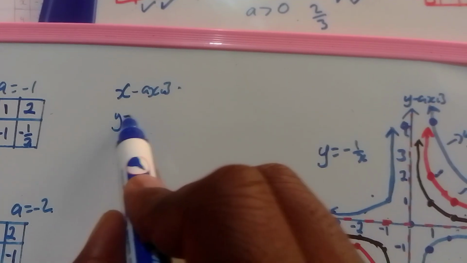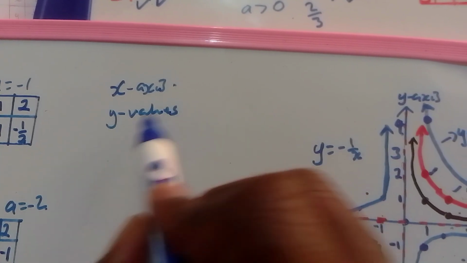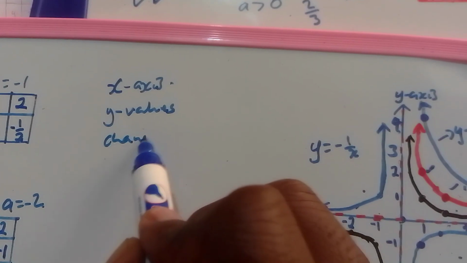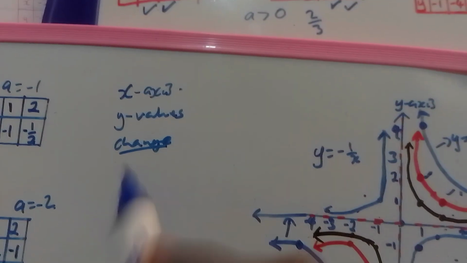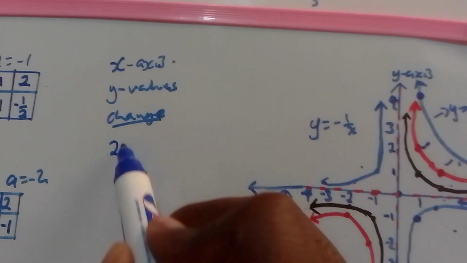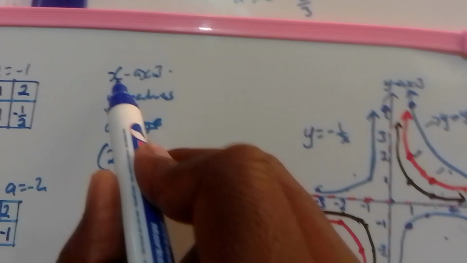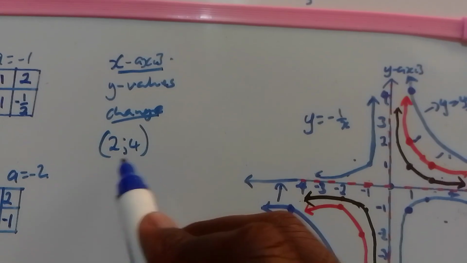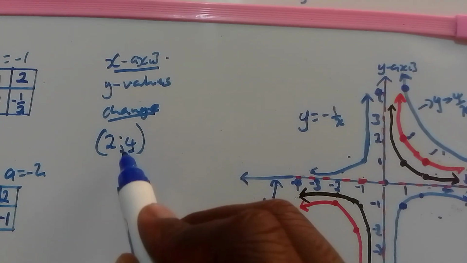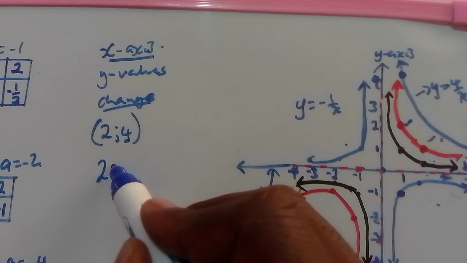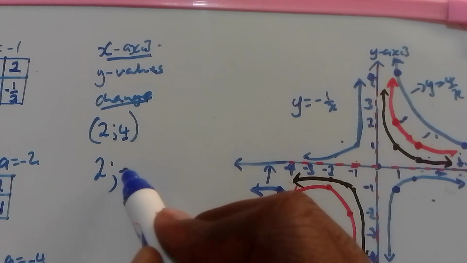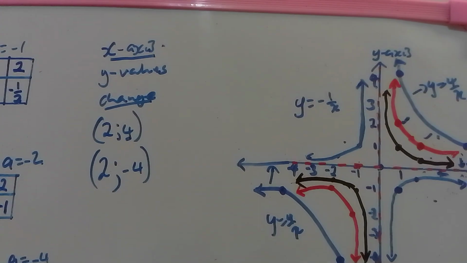Your y values change. So if I was given the coordinate 2 and 4 here, and then we are being told that it reflects on the x-axis, what changes is the y value, meaning to say that my x remains the same, my y becomes a negative 4, right?